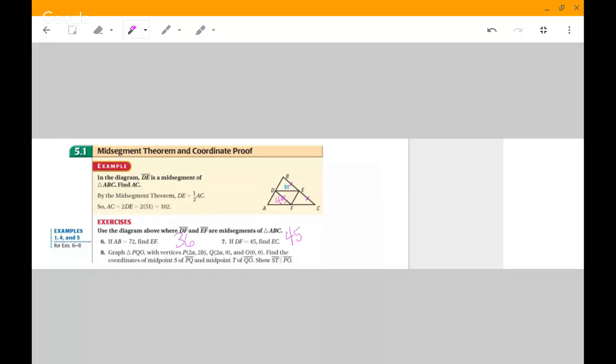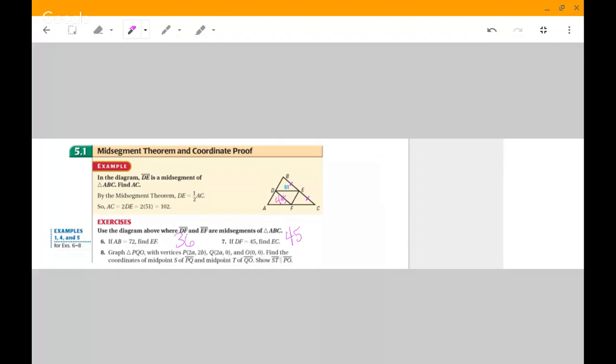All right. This number 8 is one of those graph in a convenient way problems. It talks about it more on pages 298 and 299 if you need to go back after this one.